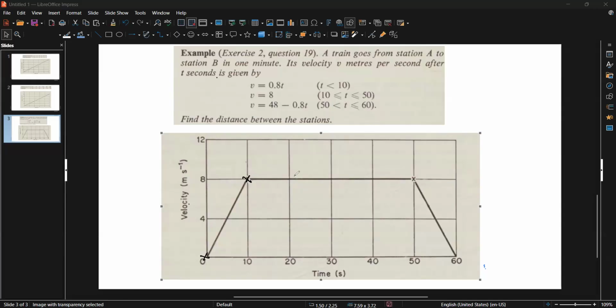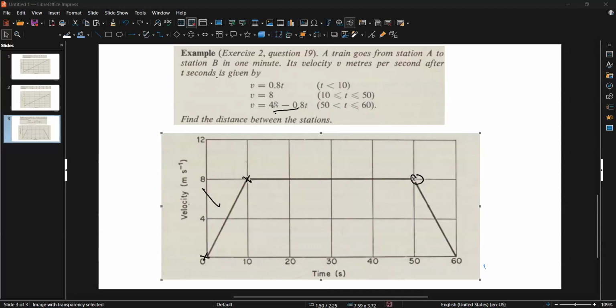Good. From 10 to 50 now, it's constant, no acceleration. So down here, there's acceleration. Down here, no acceleration. It's at a constant speed. And then somebody seemed to yank the chain and the thing decelerates to 0. We know we're at 8, so where will you end up now?